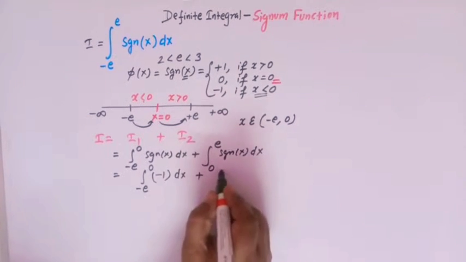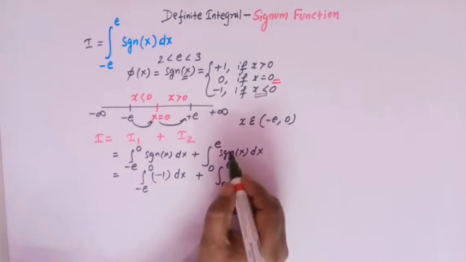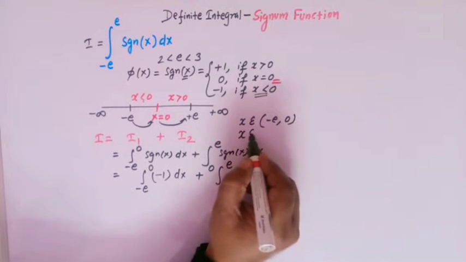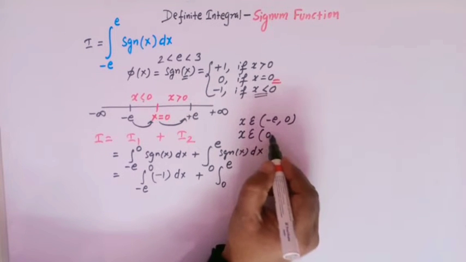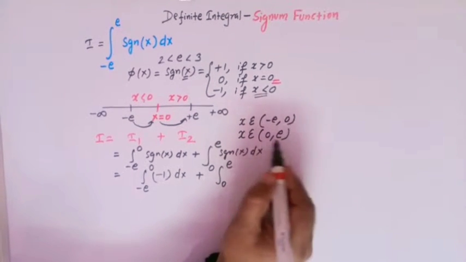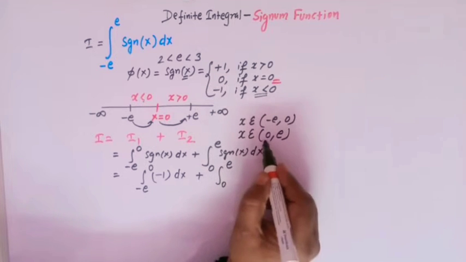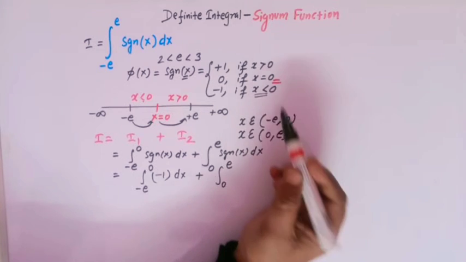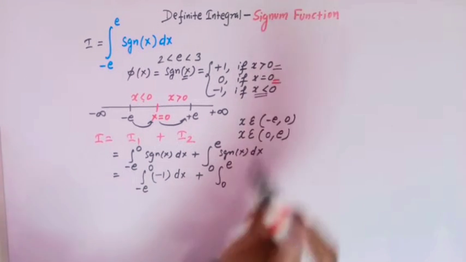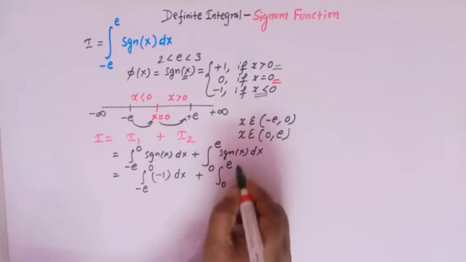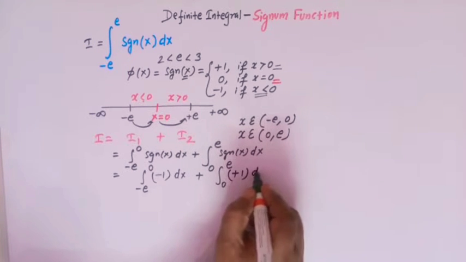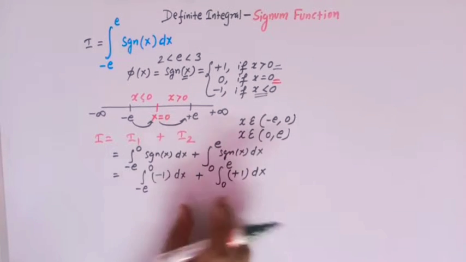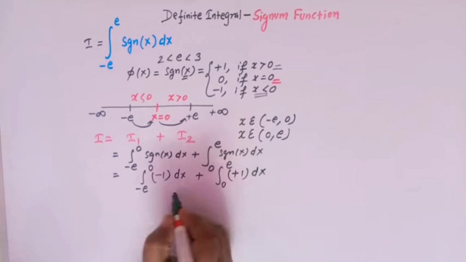And here x belongs to the interval 0 to e, and all the values of x which lie in this interval are greater than 0, so signum of x takes the value plus 1. Now we have these two integrals, and we can easily solve them by a simple technique.